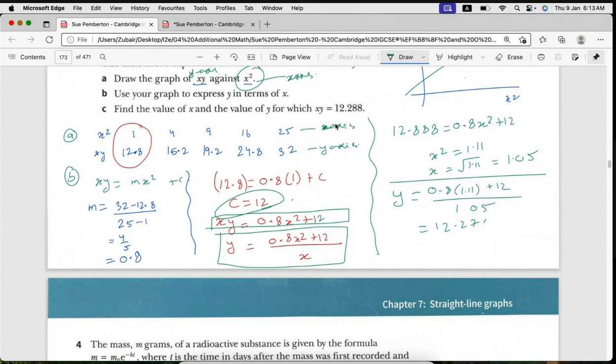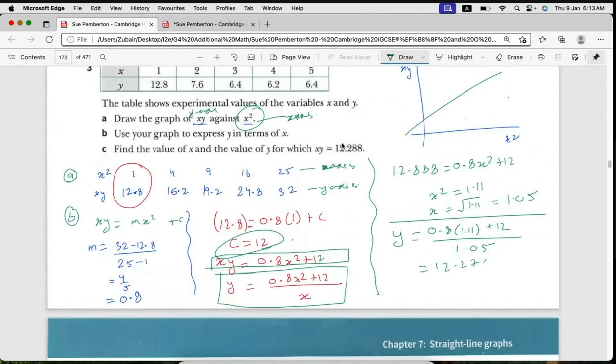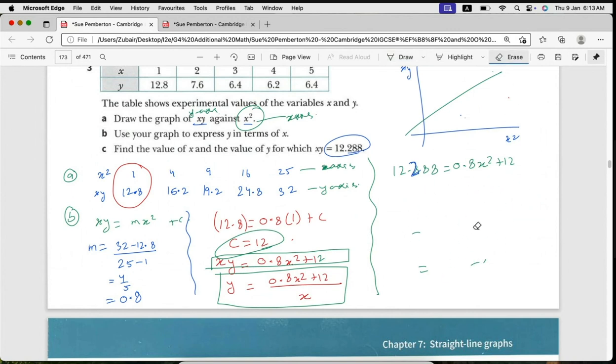XY was 12.2. Oh my god, another blunder. This was 12.288. I wrote 12.888. Did you write 12.288 or 888? I think I wrote 288. Yeah, you wrote it. I think I erased it, but okay. 12.288 minus 12 is 0.288 divided by 0.8 is 9 by 25. x square is equal to 9 by 25.